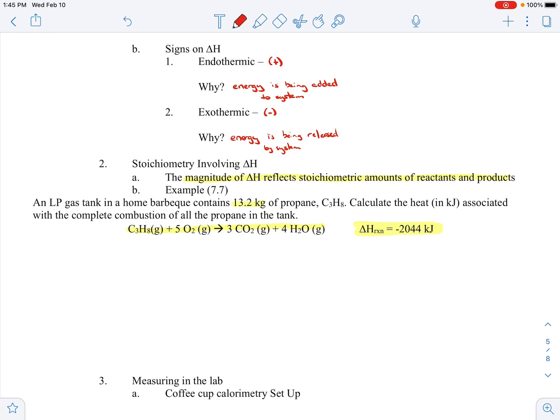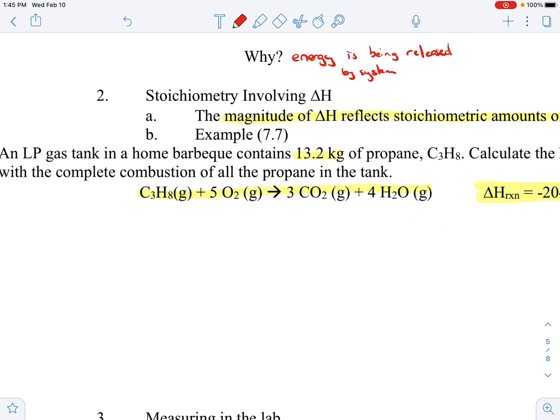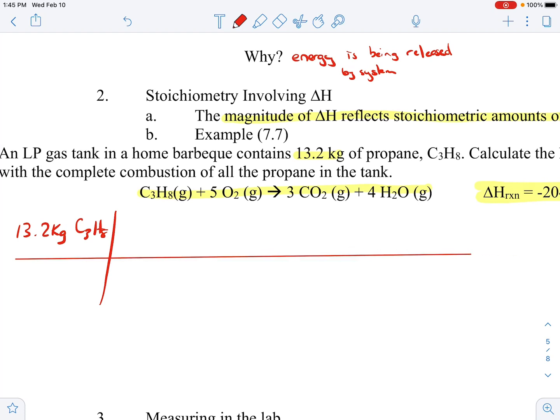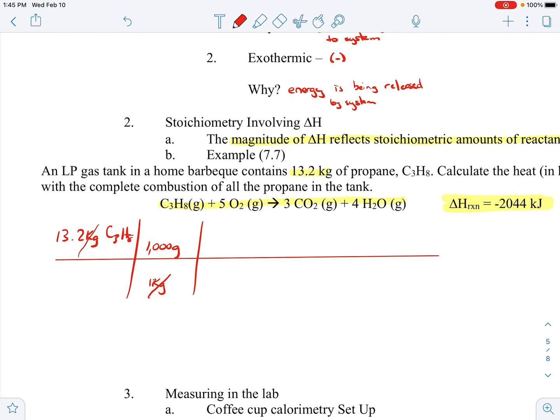All right, so let's take a look at how this works. First, we've got to get from kilograms of propane to grams of propane. So, 13.2 kg of propane, C3H8. We'll have ourselves a little stoich line here. Kilograms to grams, we know that 1 kilogram equals 1,000 grams. You could have also just moved the decimal 3 places to the right. Now we need to get to moles because this is kilojoules per mole of propane.